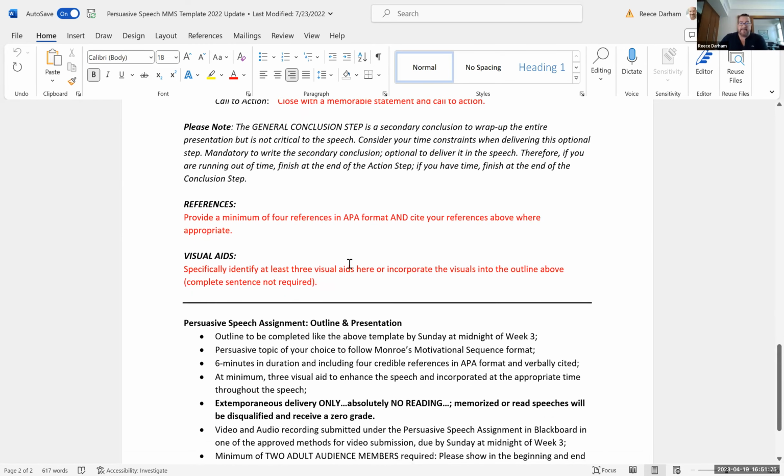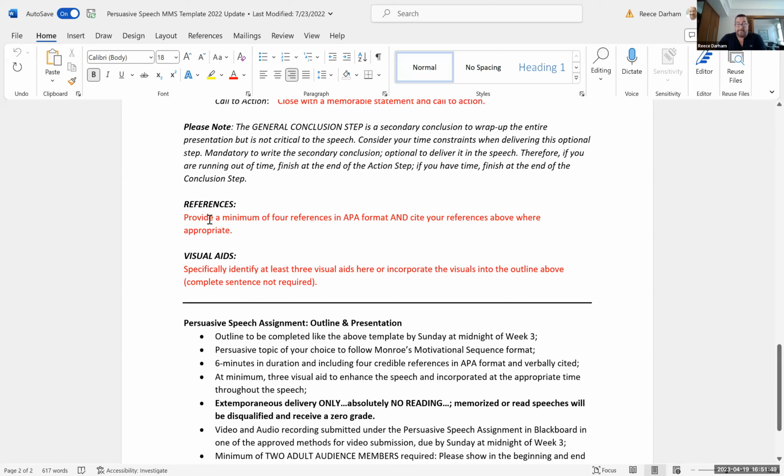A couple of the rules just to make sure we're all on the same page. As I mentioned, a minimum of 4 references. They must be credible. They don't necessarily have to be peer reviewed, but they have to be credible. No blogs, wikis, CliffNotes, things like that. Those would not be considered credible at all. I'm not saying that the information is not correct. They're just not considered very credible.